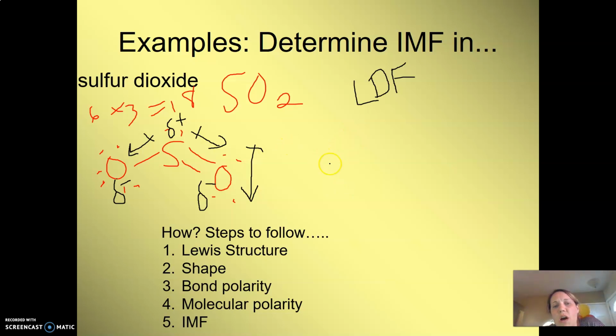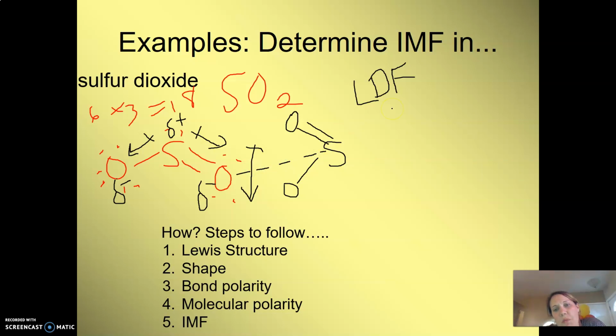And again, when we talk about intermolecular forces, what we have to imagine is that we have another SO2 this way, for example. Okay. And there might be an attraction between the sulfur here, which is partially positive, and the oxygen here, which is partially negative. That would be the IMF that we would have present. Okay.